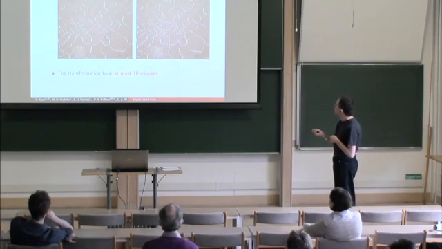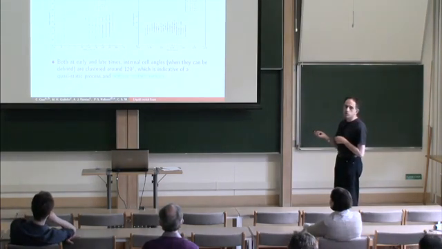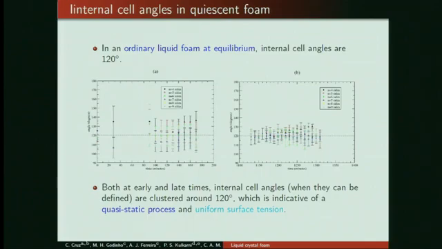Okay, so what else do we see here? Let's try and be a little more quantitative now. What is known from ordinary soap foams? Well, a number of results are known.